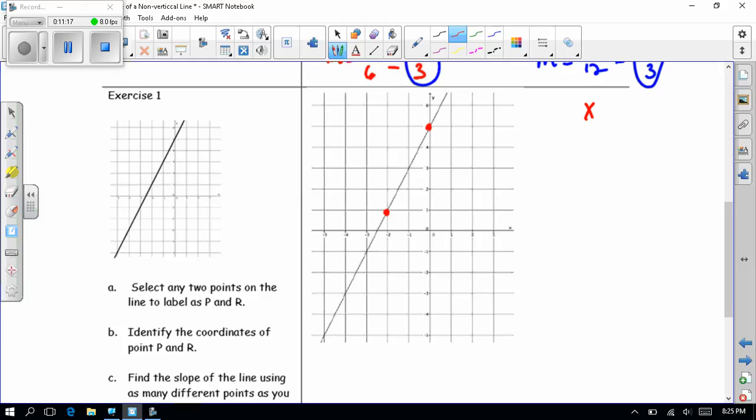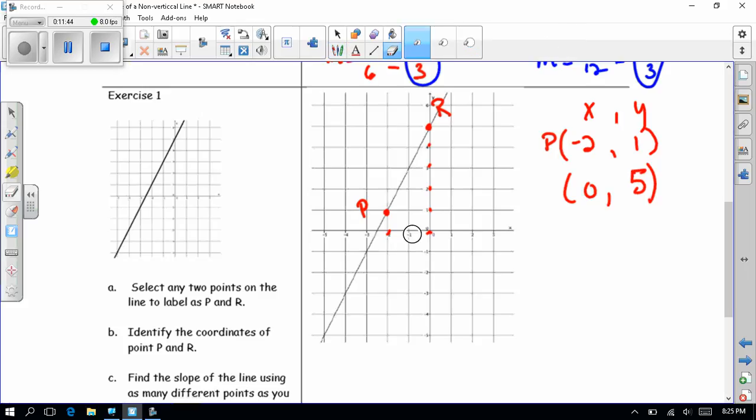So my X always comes first, and then my Y. I'm going to name this one P and this one R. So for P, my X is -2. Here's 0, so I go to -2, and then up 1. And for R, I don't go right or left at all, so my X is 0, and I go up 5. So I've identified those integer coordinates.